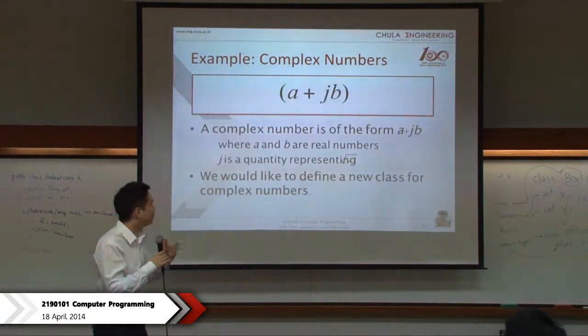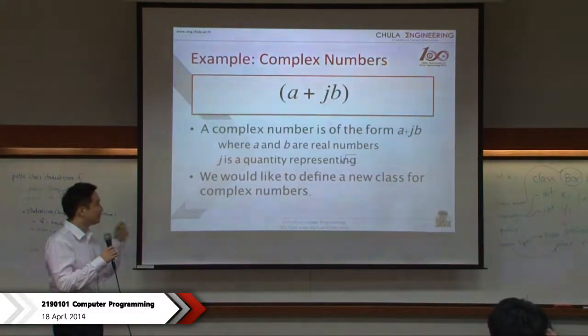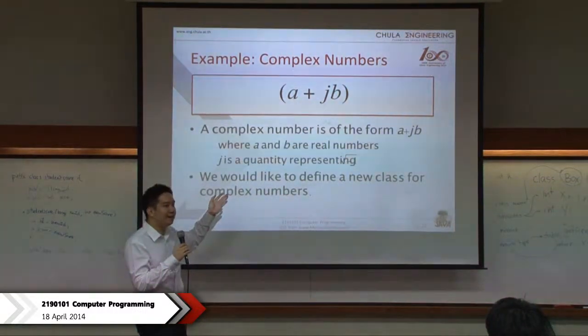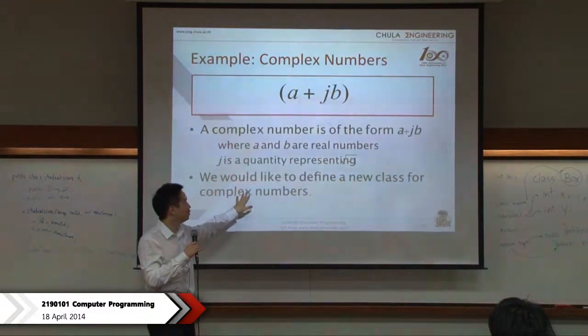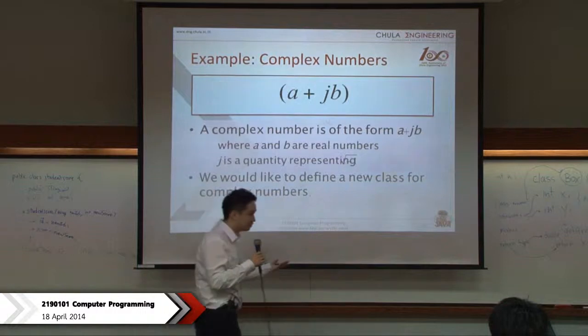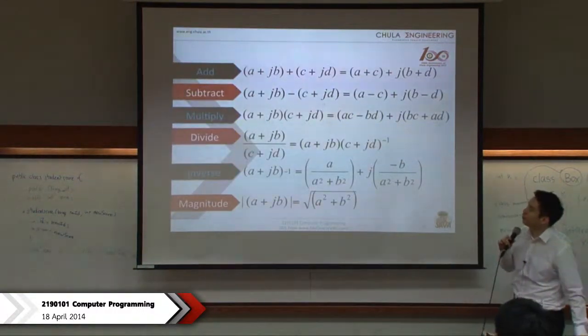And we use this in so many different applications. Anyway, we would like you to define a class that is of the form complex number. That's what we want you to do. So, how do you do it?